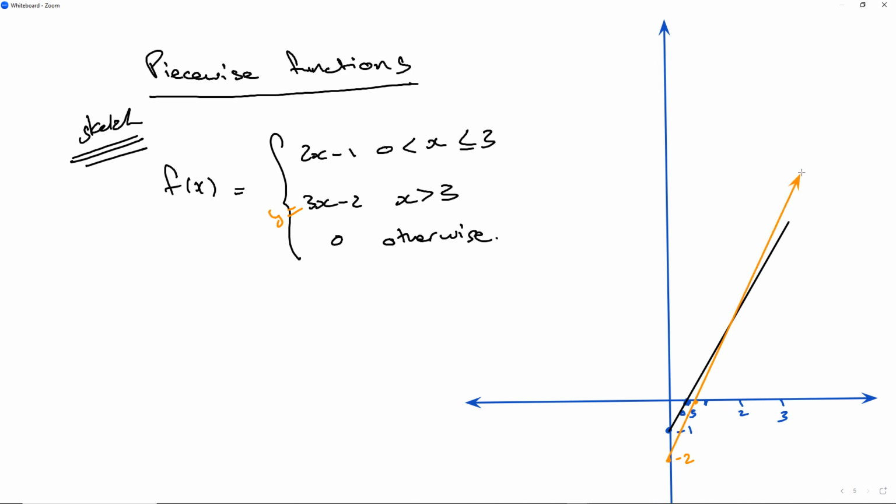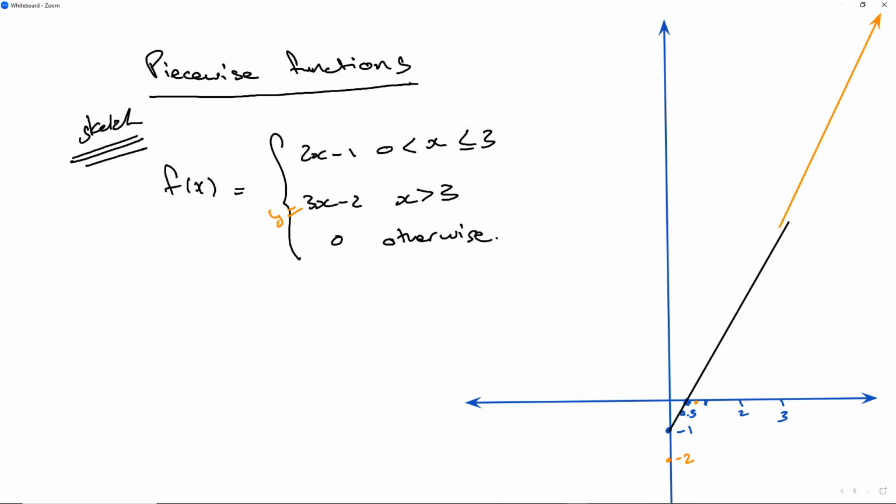So this line should go all the way this way. But technically, it's not starting at 0. It's starting at 3. So if I go up to 3, it's going to start around there, by the looks of it. So sketching this function means that I have to shorten this line and make it start there, which should be around there somewhere.